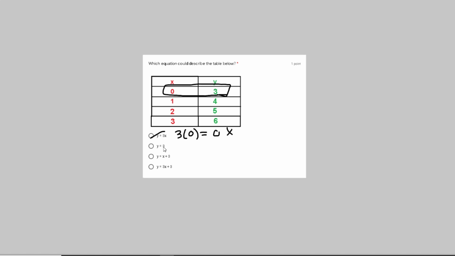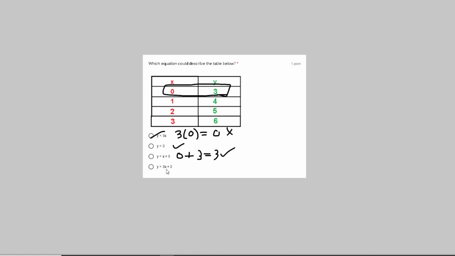Well, y is equal to 3. I guess that works. Y is 3 there, so that's not necessarily eliminated yet. X plus 3, let's try this out. If we have 0 for x that we plugged in, plus 3 gives us 3. So that works.